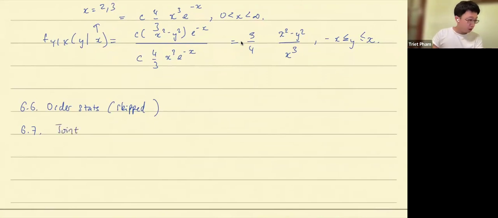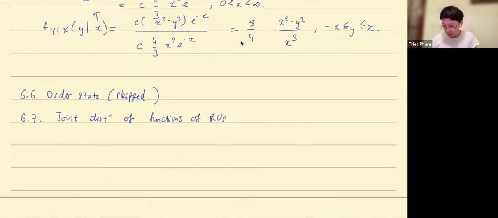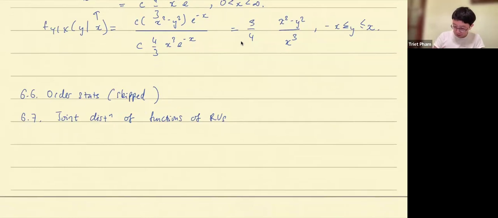So, joint distribution of functions of random variables. All right, so first let me tell you the main question, and then we'll state the result.